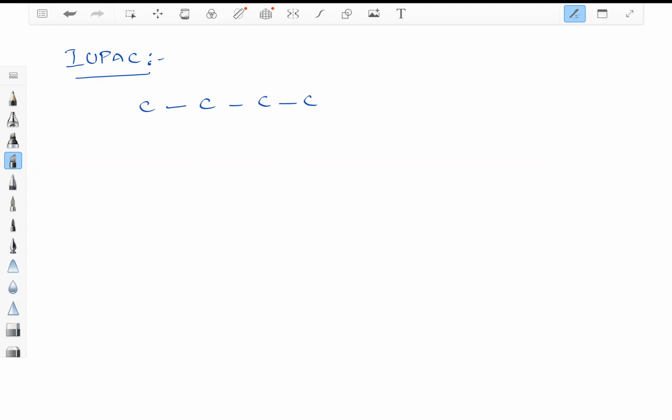Before that, just talk about a simpler alkene, that is CH2 double bond CH2. As you know, this is nothing but C2H4, which is derived from C2H6. The name here was ethane. Here it is ethene.